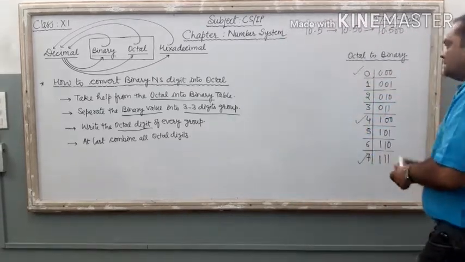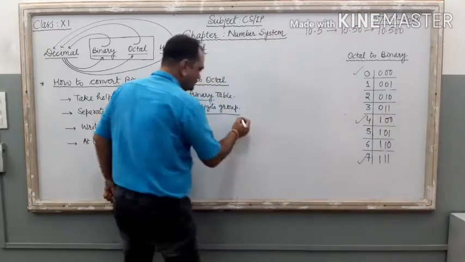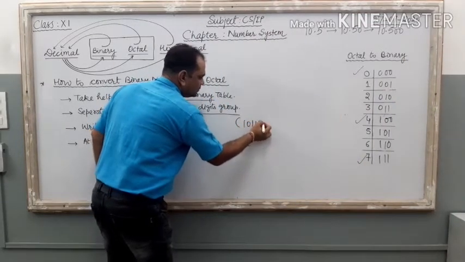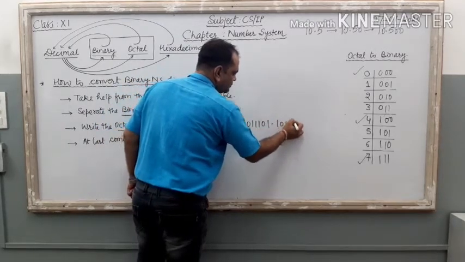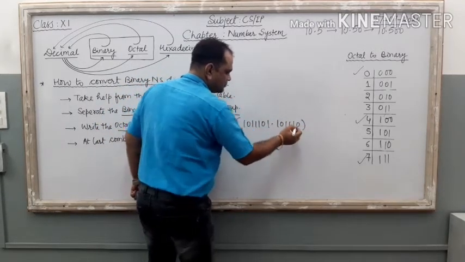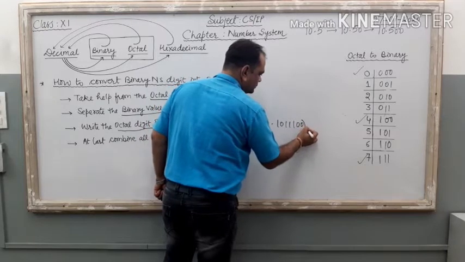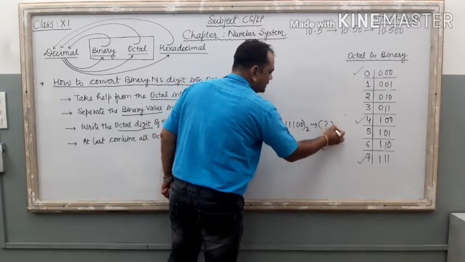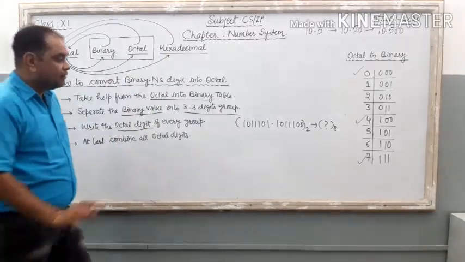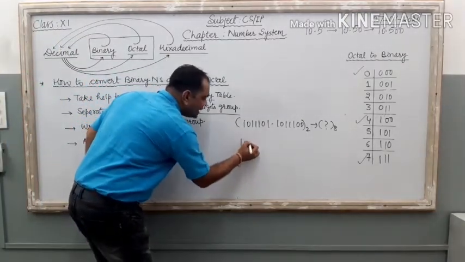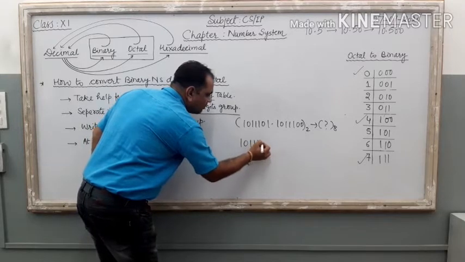Now the example is this one. This is the binary value, and we have to convert it into octal, right? Very first part, just write it: 1 1 1 0 1.